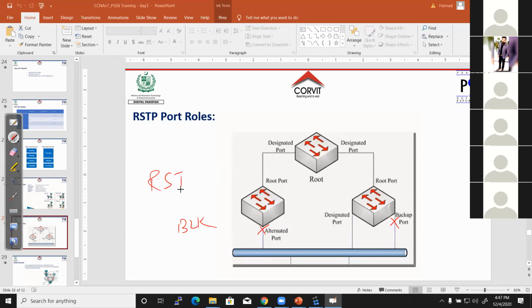But in RSTP, instead of putting it to the block state, RSTP calculates the first best DP, and it also calculates the second best DP.